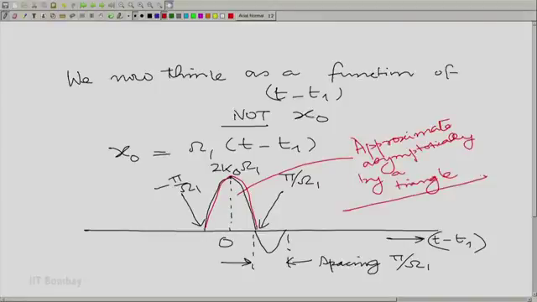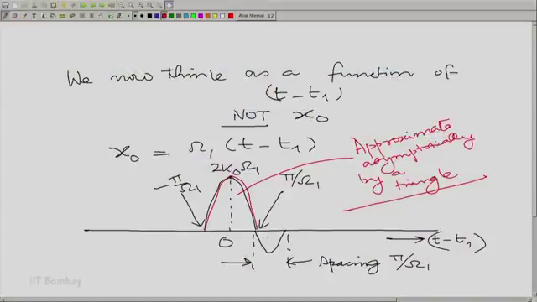Now if you asymptotically approximate by a triangle, you can find the area of that triangle, and you can do the same thing for the other side lobes. So this side lobe, and then this side lobe, and similarly all these side lobes here, all these are smaller triangles.